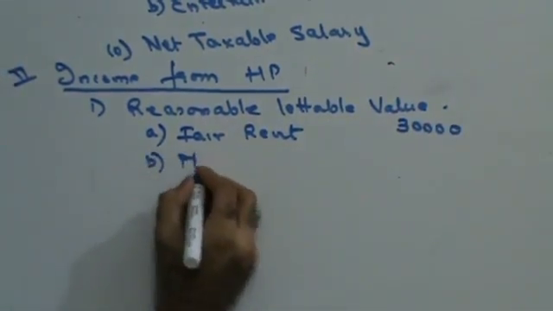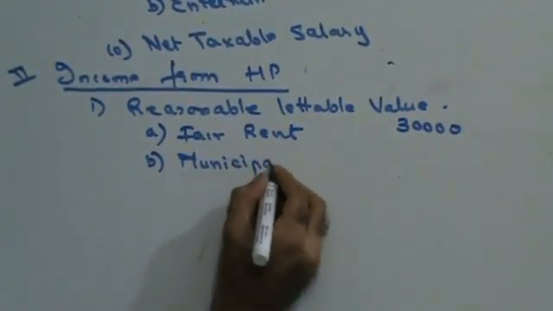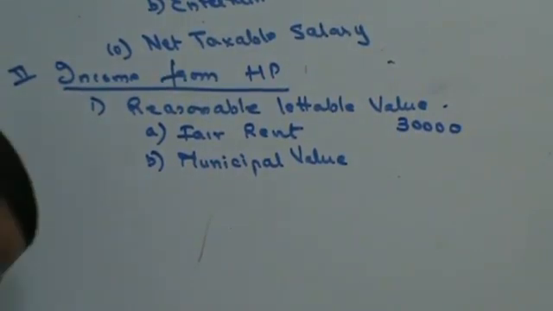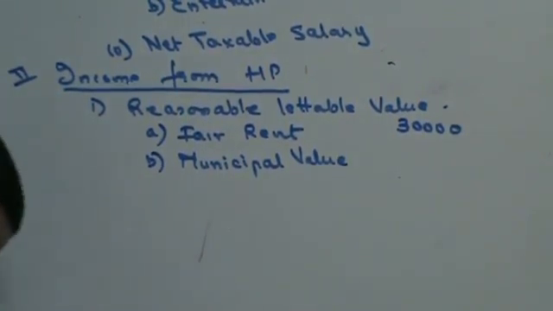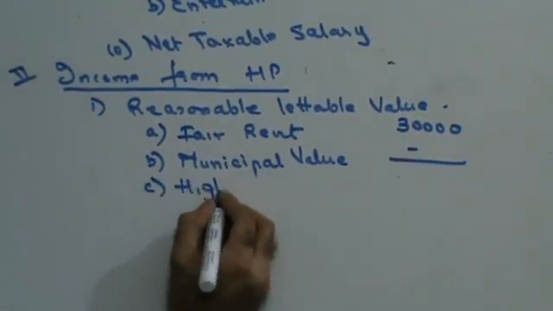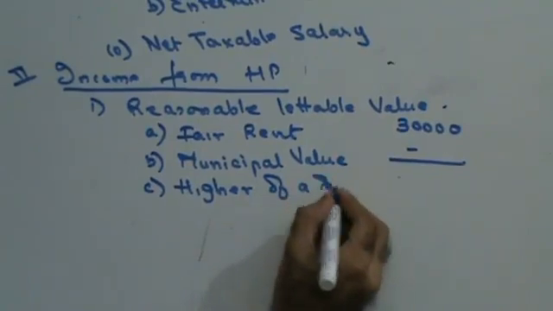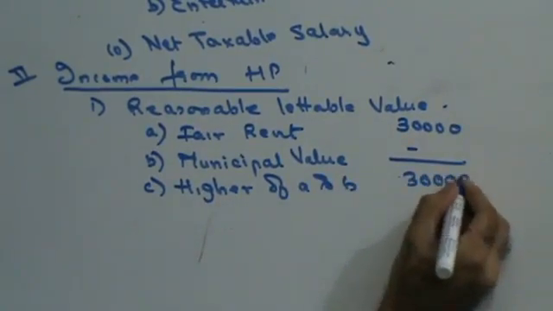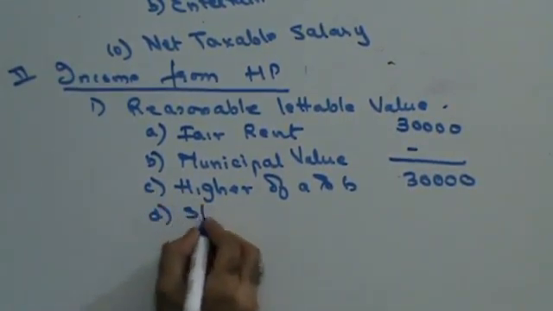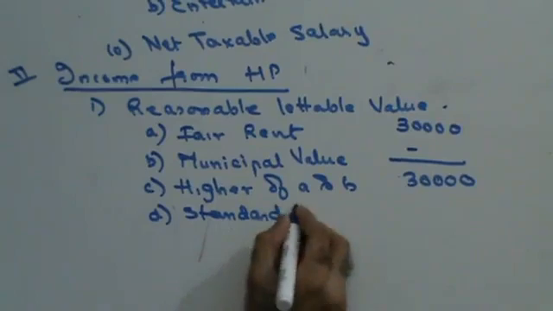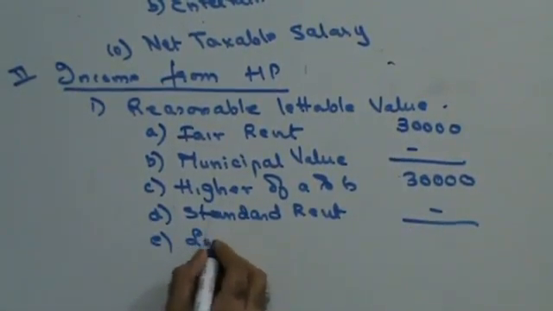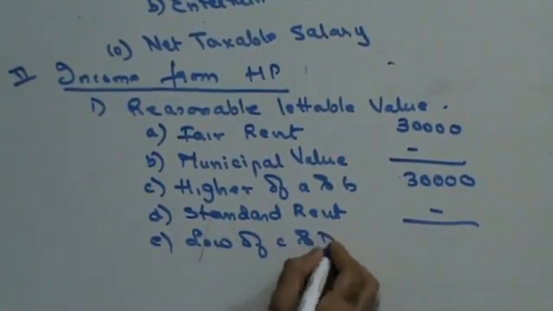Next, municipal value is not given to you. So higher of A and B is 30,000. B, standard rent. Lower of C and D is 30,000.